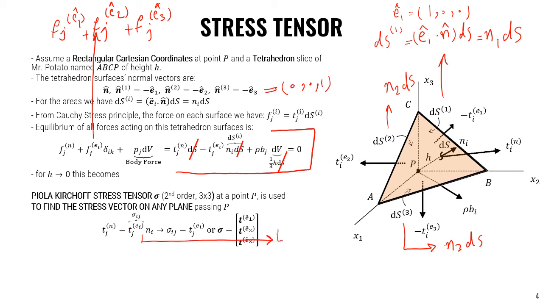So for example, T1 of n is equal to T1 of E1 n1 plus T1 of E2 n2 plus T1 of E3 n3.